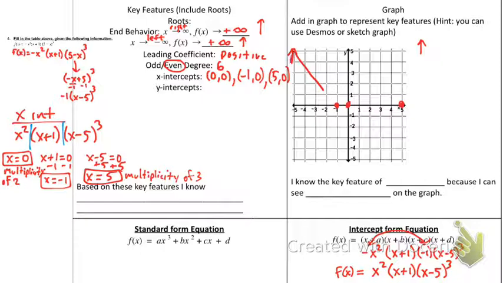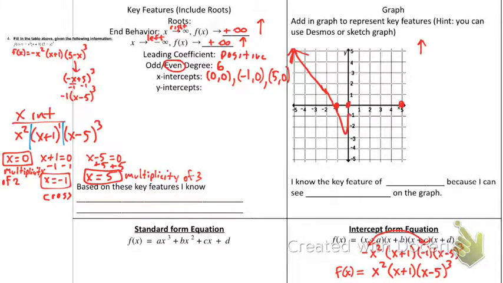So come down from the top before I cross -1. -1, what was the power where we got our answer from -1? The factor, it was a power of 1. Okay? Which means, because it's odd, we're going to cross. So let's cross, and then we got to come back up.